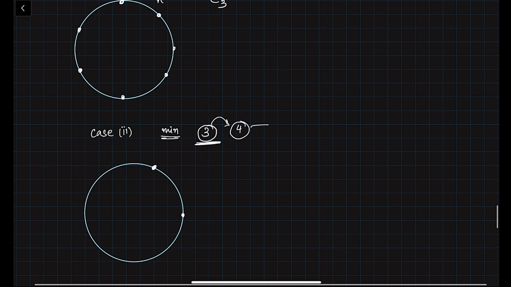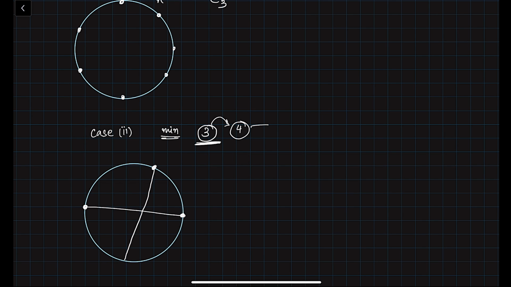So we have taken 2 external and now we have to form an internal point. Right. So we see that we need to join 2 segments. Corresponding to this point, there is this point. Corresponding to this point, there is another point, say here, and this is the internal point, right?